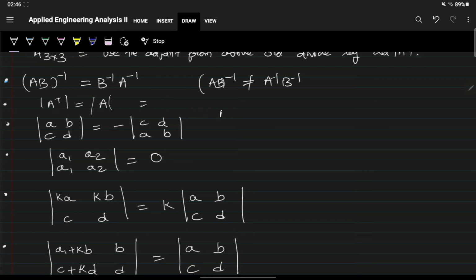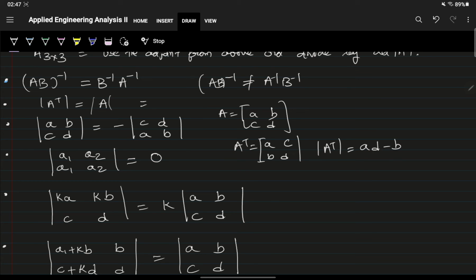Like, let us consider a matrix A as A, B, C, D, and the transpose of this would be A, C and B, D. Determinant of A transpose is AD minus BC, and the original determinant would be still AD minus BC. So this is the property.